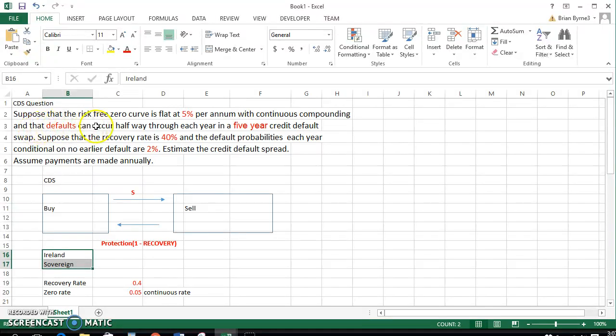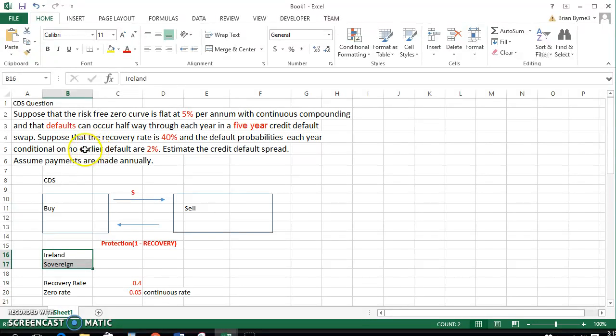We're also assuming that the default occurs only halfway through the year in a 5-year credit default swap. Again, that's sensible when we looked at the random number generator in Excel, bounded by 0 and 1. If we average out when events will occur, assuming that they occur halfway through the year is plausible.